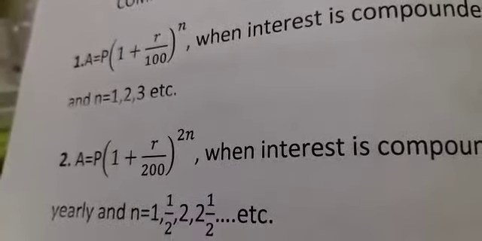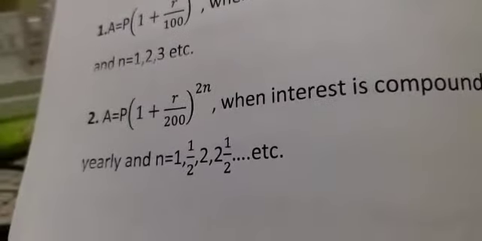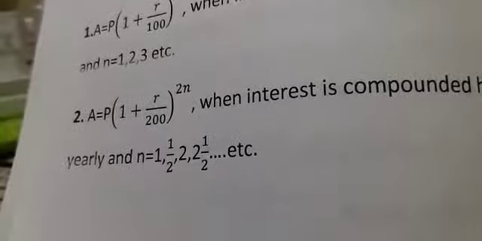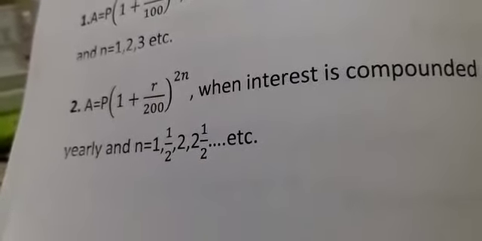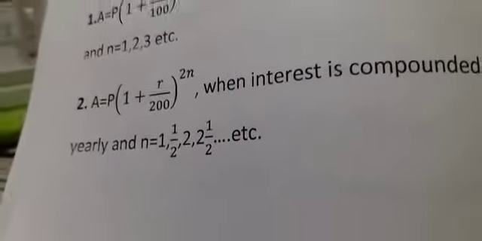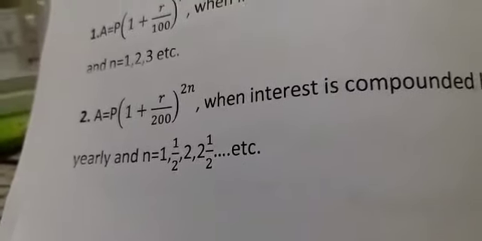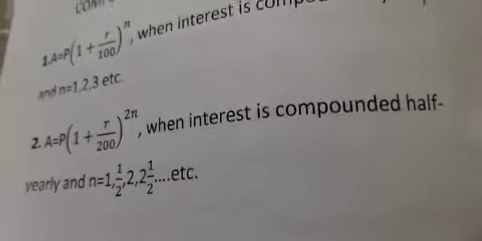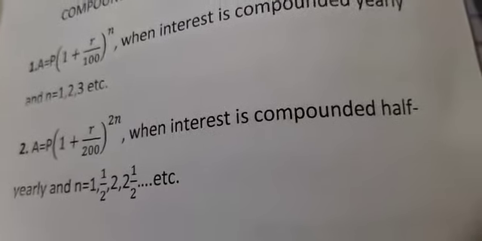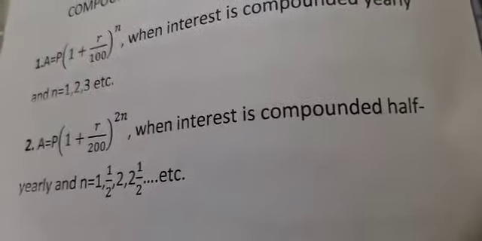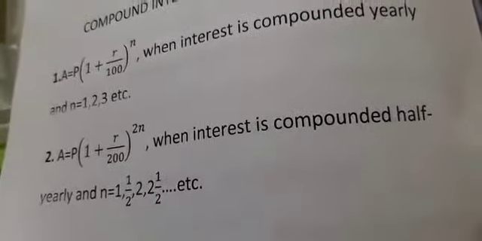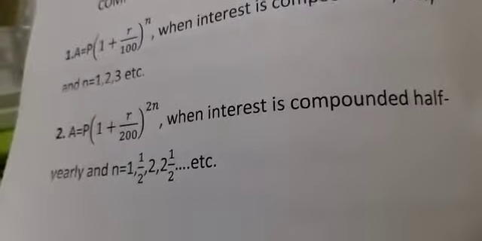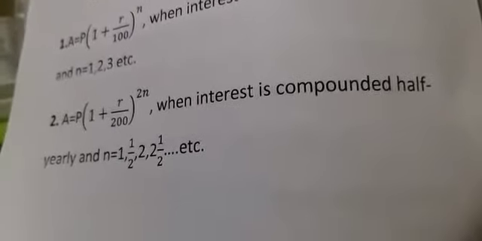And remember, the time in this case can be half year, 1 year, 2 years, 2.5 years, etc. Means if the interest is compounded half yearly, the time can take its value as a multiple of half.